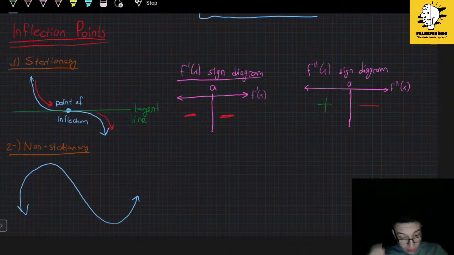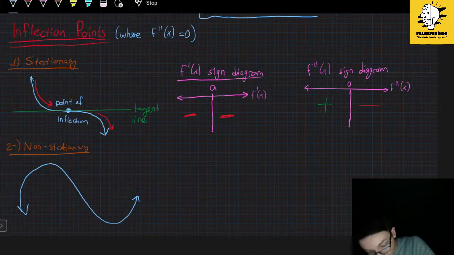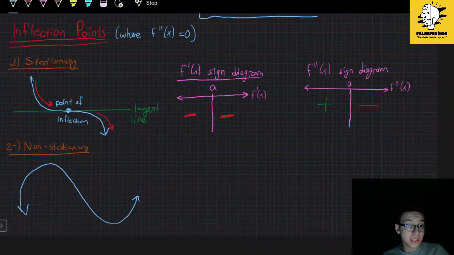And we find inflection points at points where f second derivative is equal to 0. Therefore, our A is definitely a point of inflection. Now, you may say, okay, what changes in a non-stationary point of inflection?